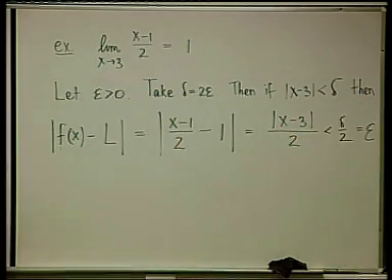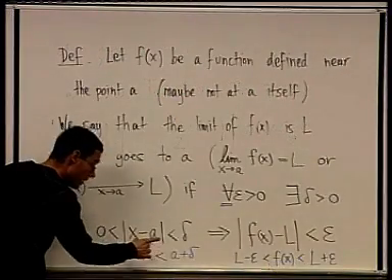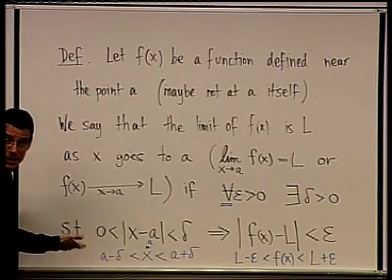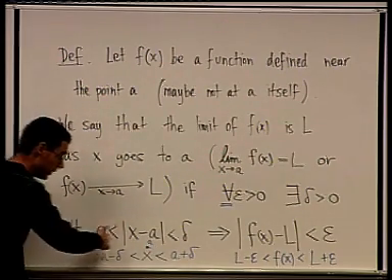Let's look at the definition again on this board. We have control over |x minus a|. That's what we can handle. Please look at this board again. We have control over |x minus a|. That's the |x minus 3| in the example.